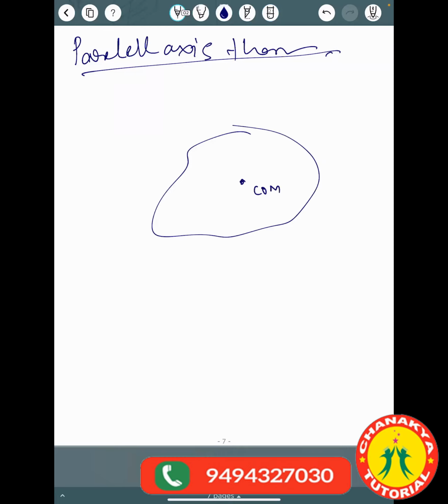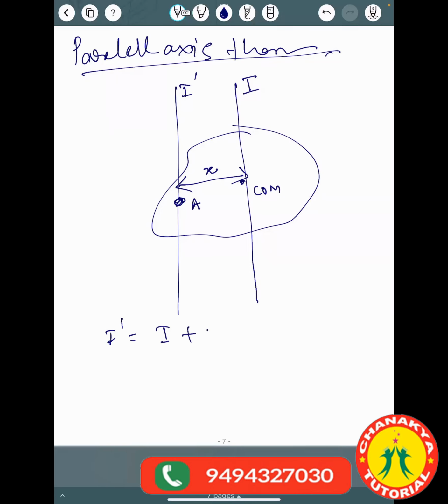If you know the moment of inertia about that is, let's say, I, and I want to know the moment of inertia about this axis, let's say at A, what is this I dash? For that, these two should be parallel and you just find the distance, let's say it is x. Then I dash is given as I plus mx square, where m is the mass of the body.